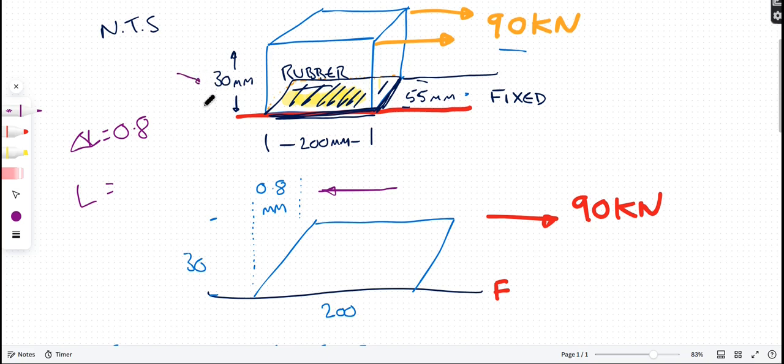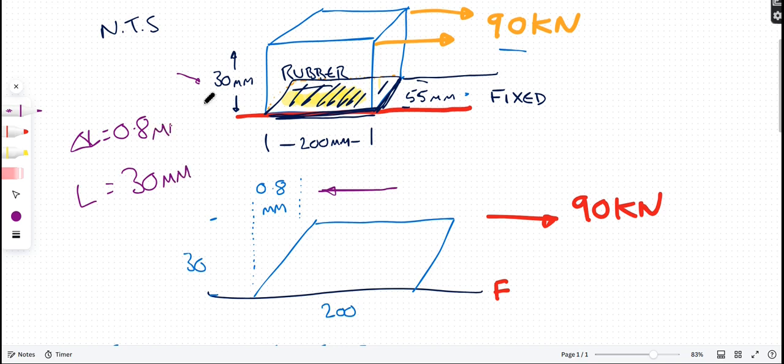The higher something is, the more it's going to go on a squint. The taller the building, the more it's going to move in the wind. The taller the tree, the more it's going to move in the wind. So the length that determines how much the change is, is how high it is. So in our case, it's 30 mil.